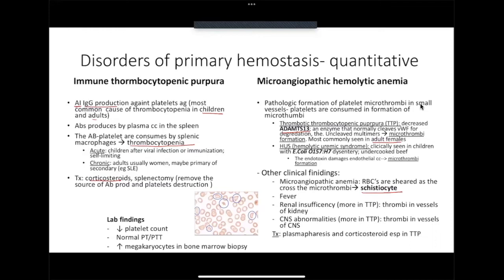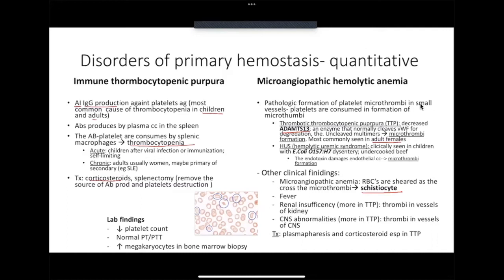You can also have renal insufficiency, and this is more common in TTP, because these microthrombi occlude the vessels of the kidney. You can also have CNS abnormalities, for the same reason: thrombi in the vessels of the CNS. What we want to do here is plasmapheresis.